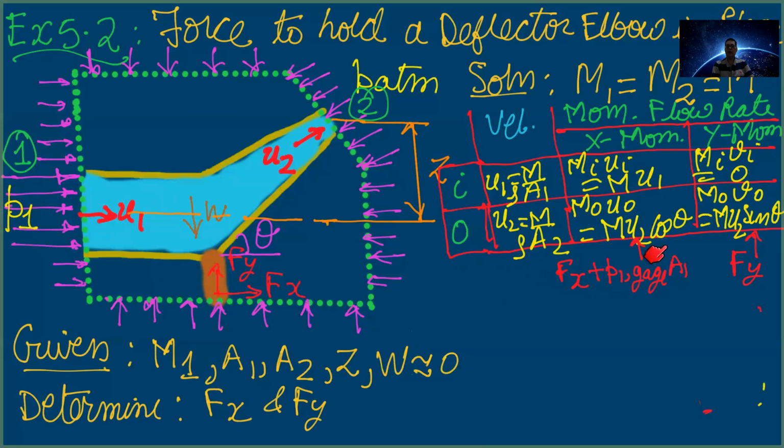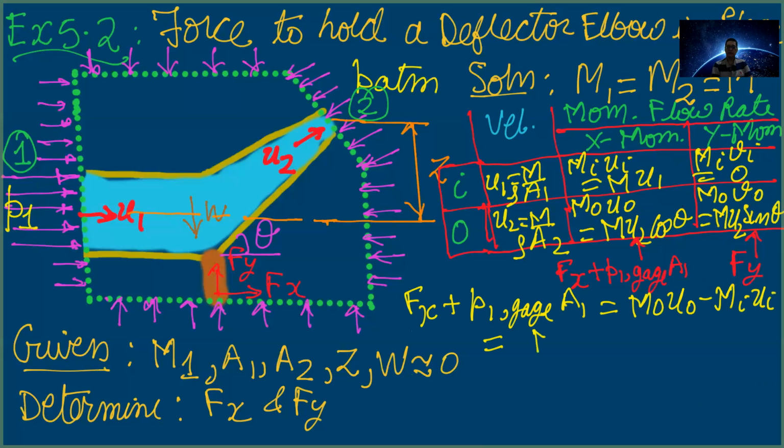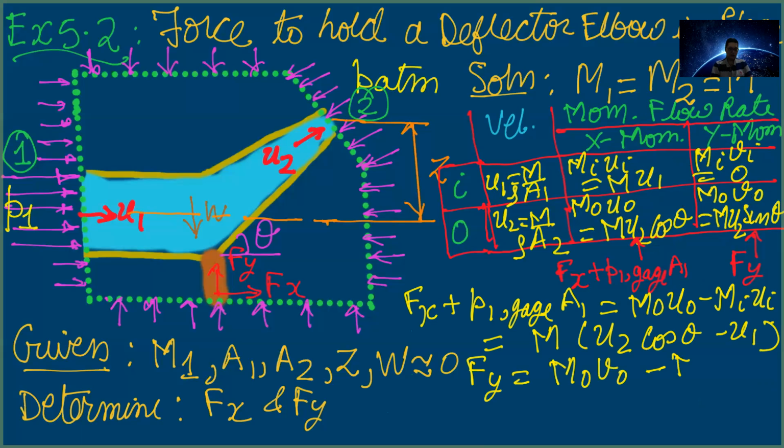Now this will be equal to the net x momentum flow rate leaving, minus the net x momentum flow rate entering. Similarly, Fy will be the y momentum flow rate leaving minus the y momentum flow rate entering. Using this, you get an expression for Fx like this, and for Fy you get an expression like this.